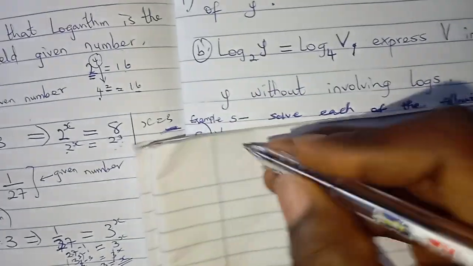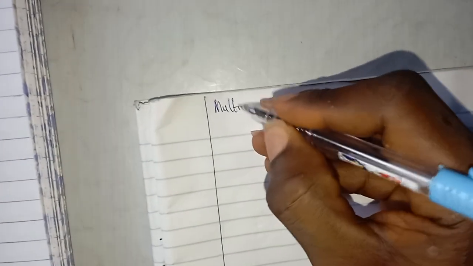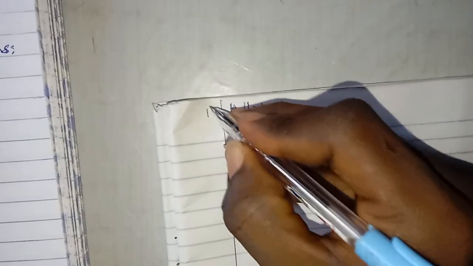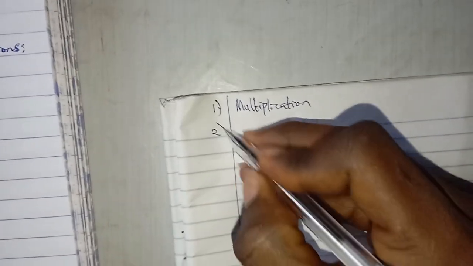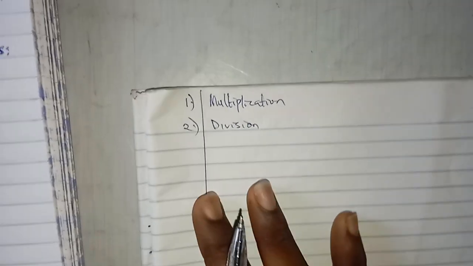So, state the laws of logarithm. All right, I need you to remember that whenever we are trying to do this, we're always thinking of the same principles that we've come so far. What will be there for multiplication? Multiplication law. What will be there for division? It's just like the same way you do life.